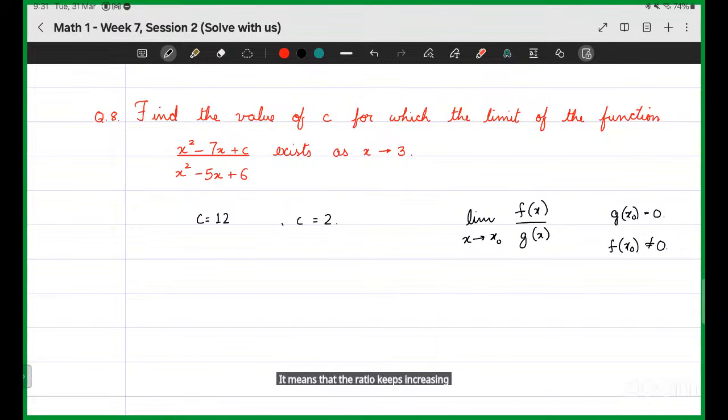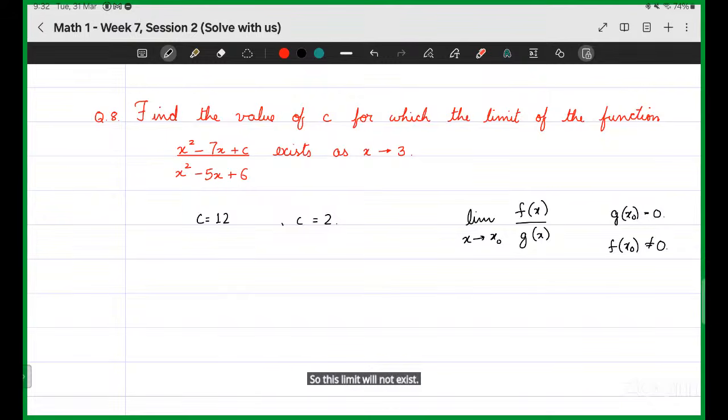As you approach the point, the numerator is f of x naught, which is non-zero, but the denominator keeps decreasing. So the ratio will shoot up, will blow up. So this limit will not exist.